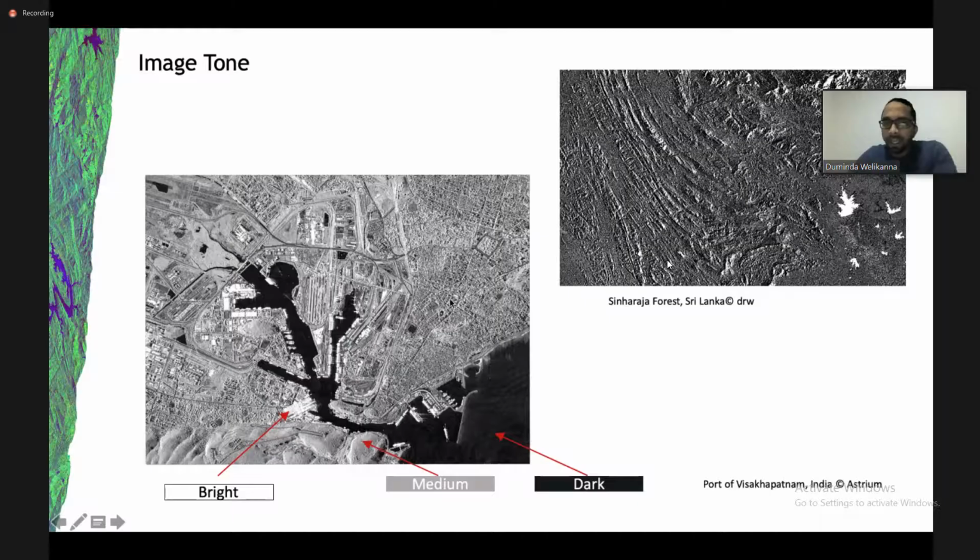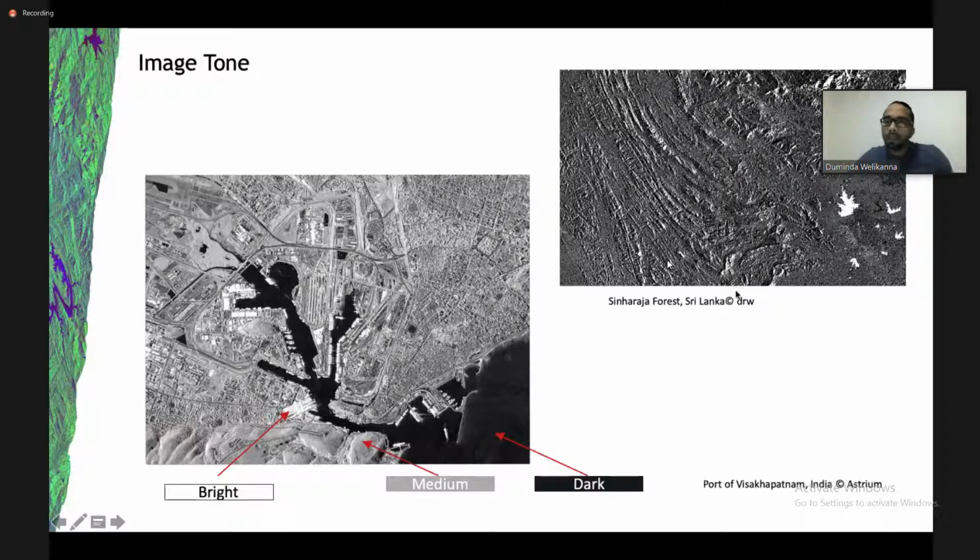These images can be very easy to interpret. You can say where the buildings are, where the water is, where the ships are, because you're using the element called image tone. So you're using the image tone to interpret this image as a visual interpretation.